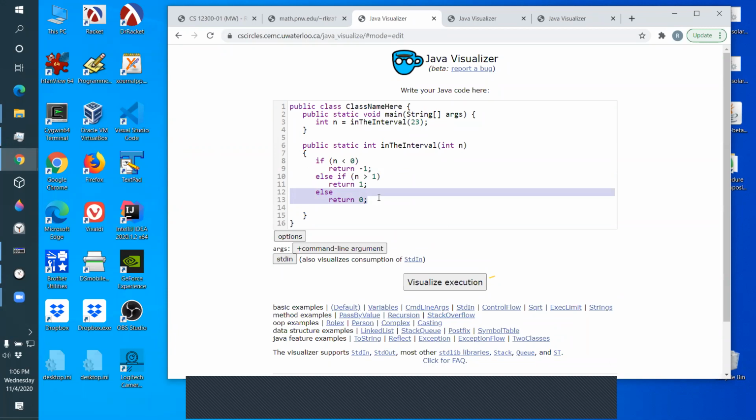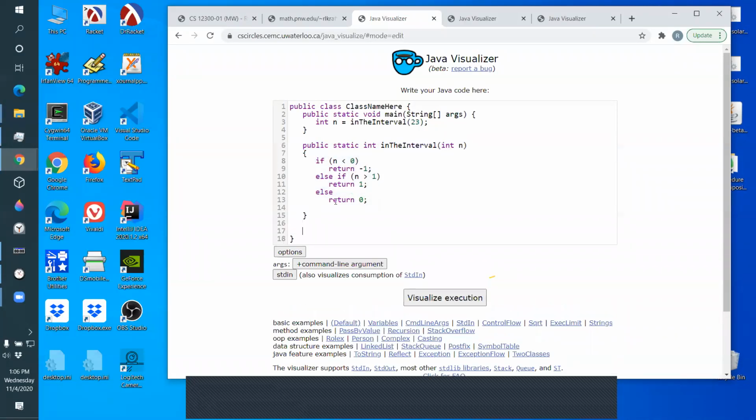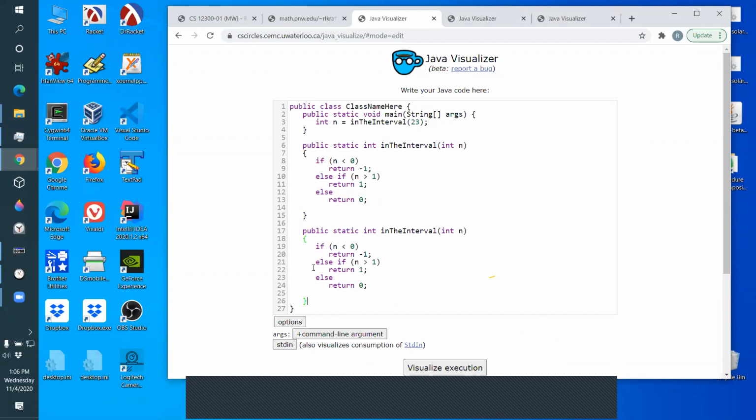Actually, what if I wanted to make the negative numbers the default case? Can I do that? Let me make a second copy of this so you can keep that one there and look at it. Down here, make the negative numbers the default case. So what should I check here?